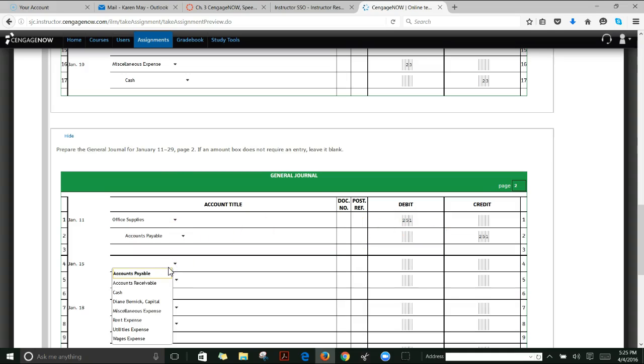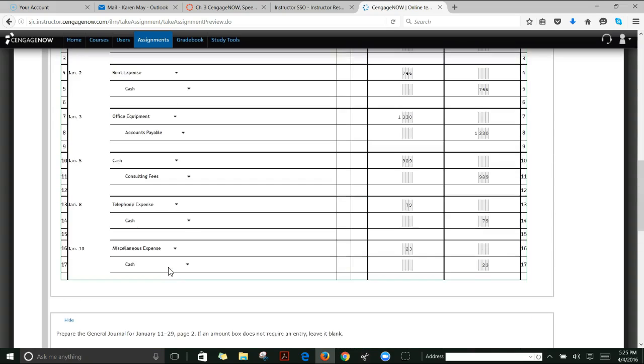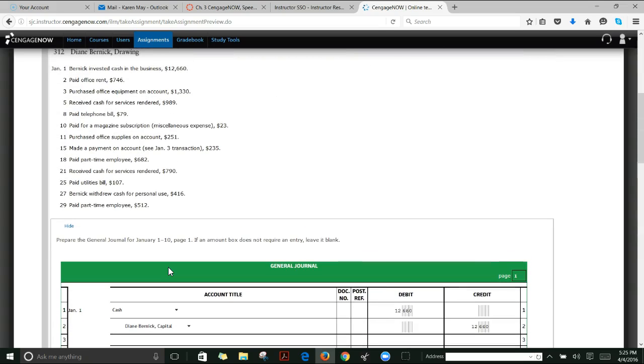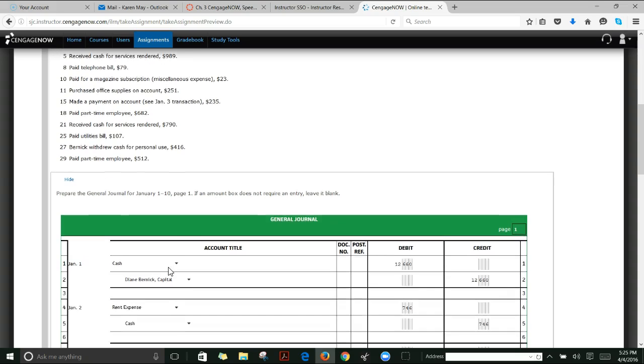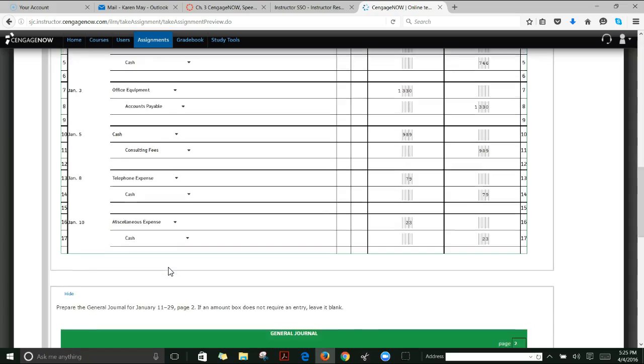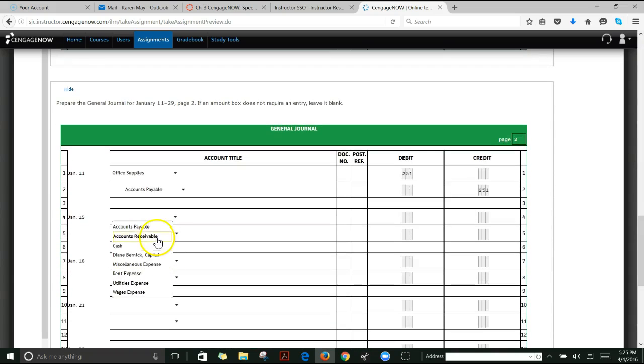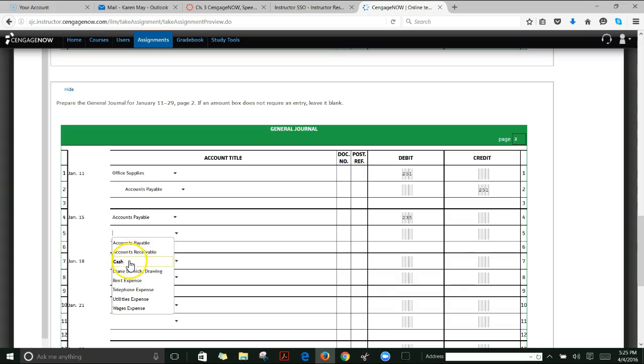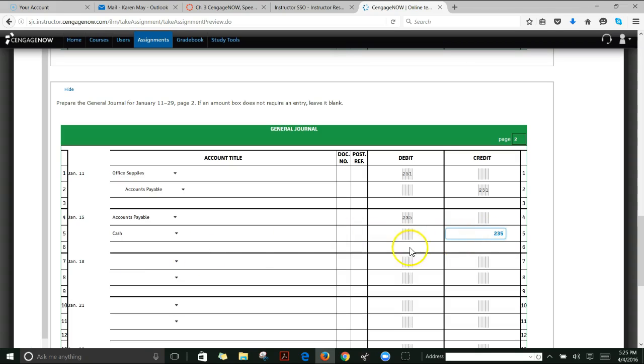Okay, the next one, January 15th, and I'm sorry for all the scrolling. January 15th, made payment on account of $235. So we go to debit accounts payable, $235. And we credit cash because anytime you make a payment, it's going to be cash.